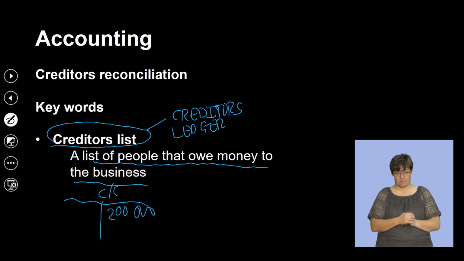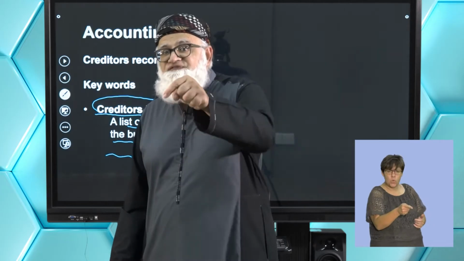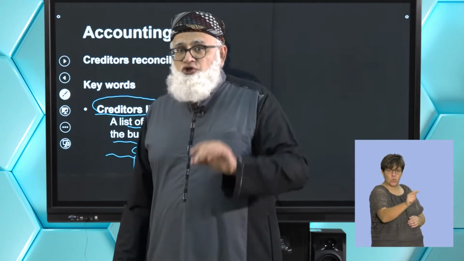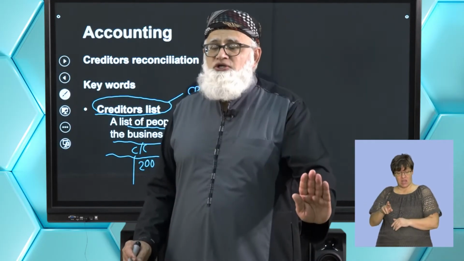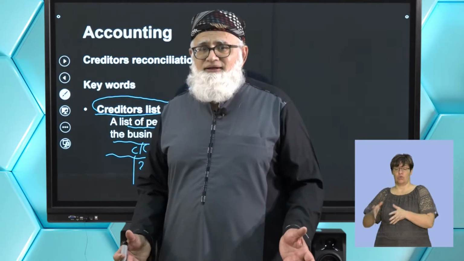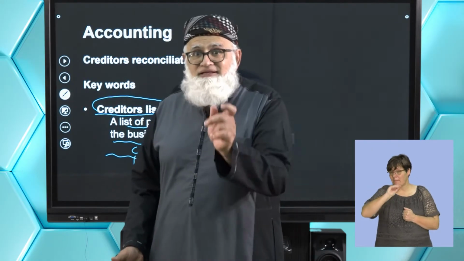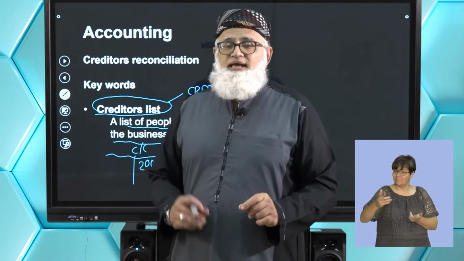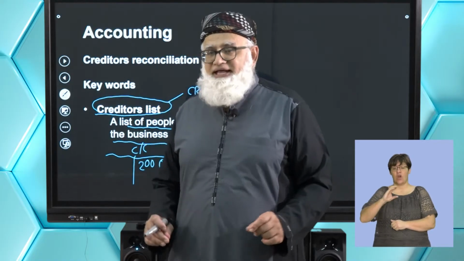If you want to know who you bought from, the individual persons, your contra account in your general ledger is a debit to trading stock, a credit to creditors control, 200,000 Rand. But the individual entry, the single entry, will be made in your subsidiary ledger, namely your creditors ledger.